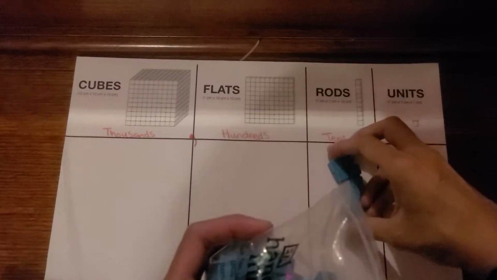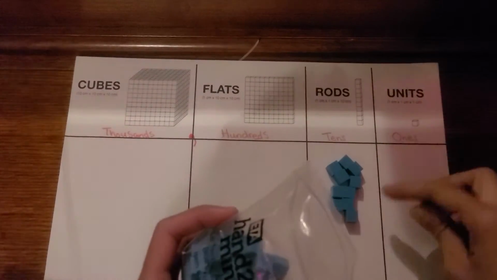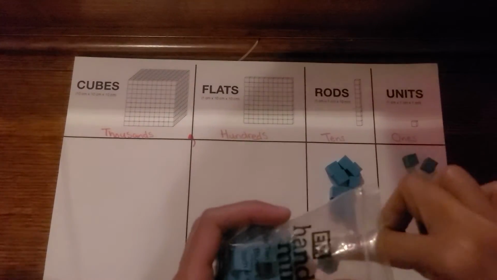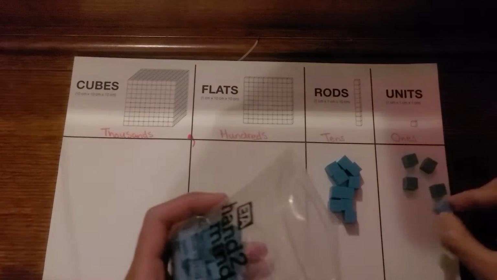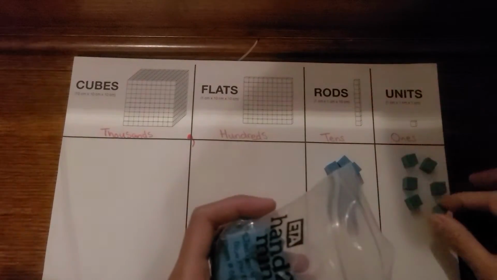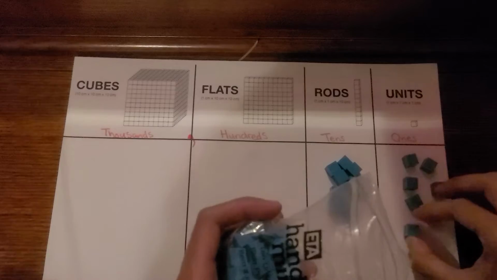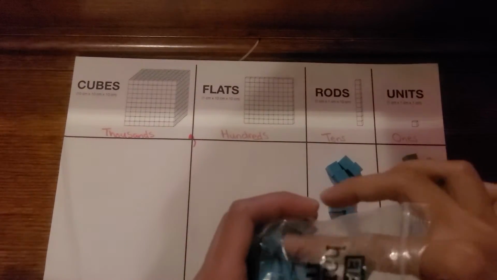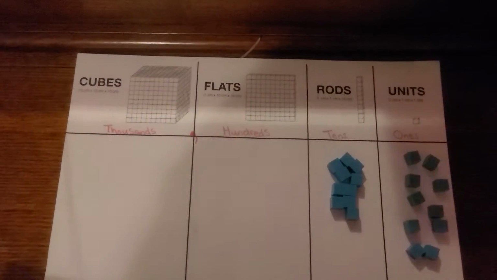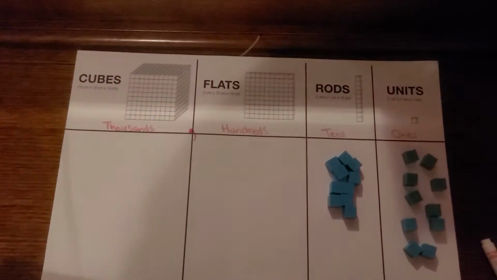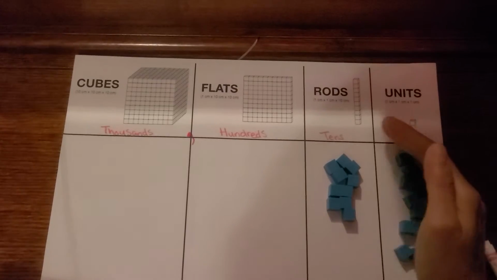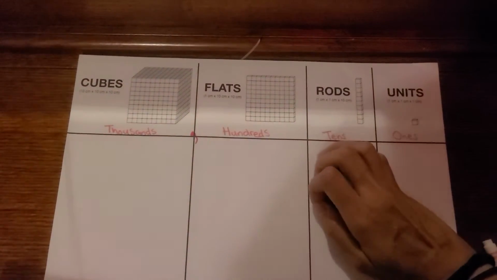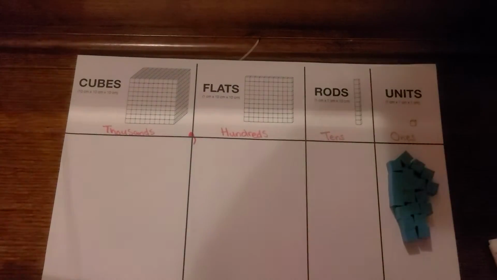So I'm gonna put, I still have 10, but that's 10, 11, 12, 13, 14, 15, 16, 17, 18, 19, 20. So instead of counting over and over 21, 22, 23, we usually convert them into tens. So remember to count 0 to 20, right? That's gotta help you count.